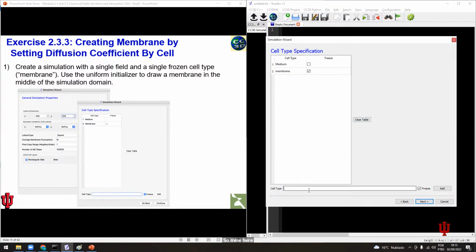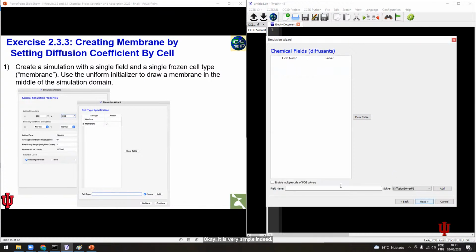So again, I type the name here, I hit freeze, and then I hit add. And I want to know if you guys have your cell specification like mine. Okay, it is very simple indeed.